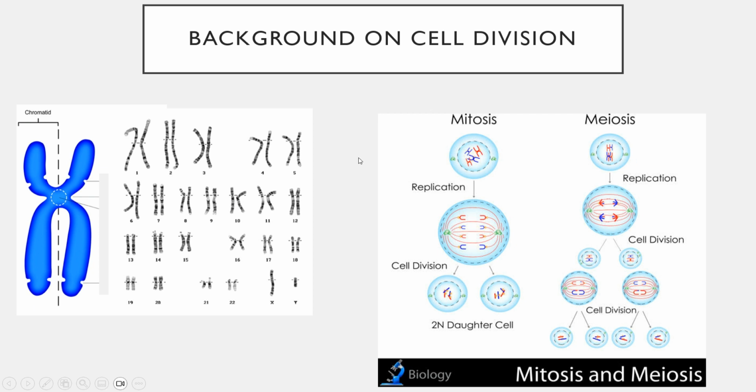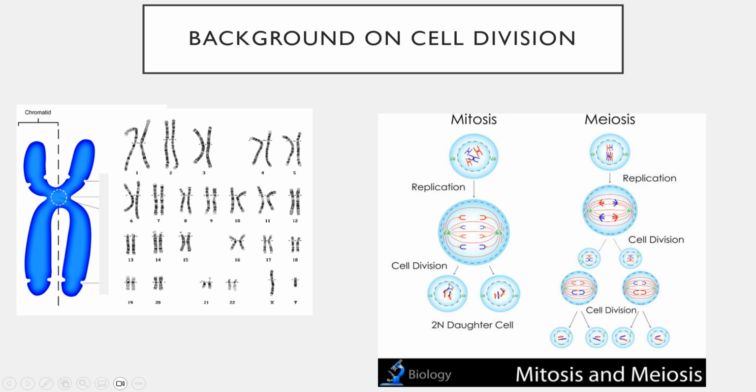So during cell division, we either want to conserve or keep a hold of the full chromosomal complement, or we want to half the number of chromosomes that we get in the daughter cells. So the two types of division are mitosis and meiosis.